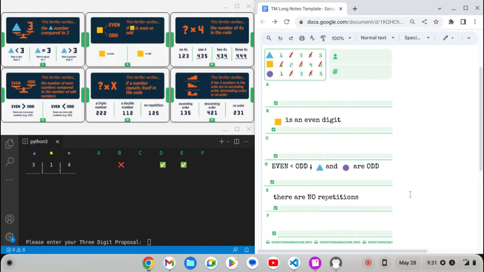So again, since there are no repetitions, I know that there's no 1 for triangle or 1 for circle. They've got to be distinct essentially. Okay, so somehow notice that again we don't have anything that indicates what purple could be.